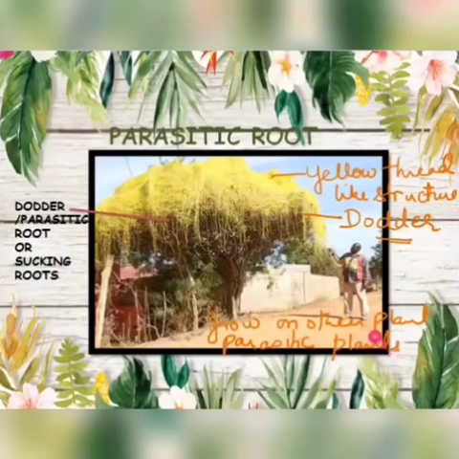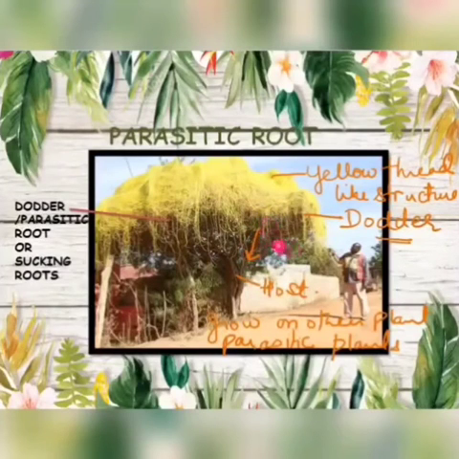These plants have very small roots and they always grow on another plant. The plant on which it grows is called the host. This dodder plant depends on the host plant and gets all its water and minerals from it. Its roots penetrate deeply into the host tree, and they absorb water and minerals from this plant.